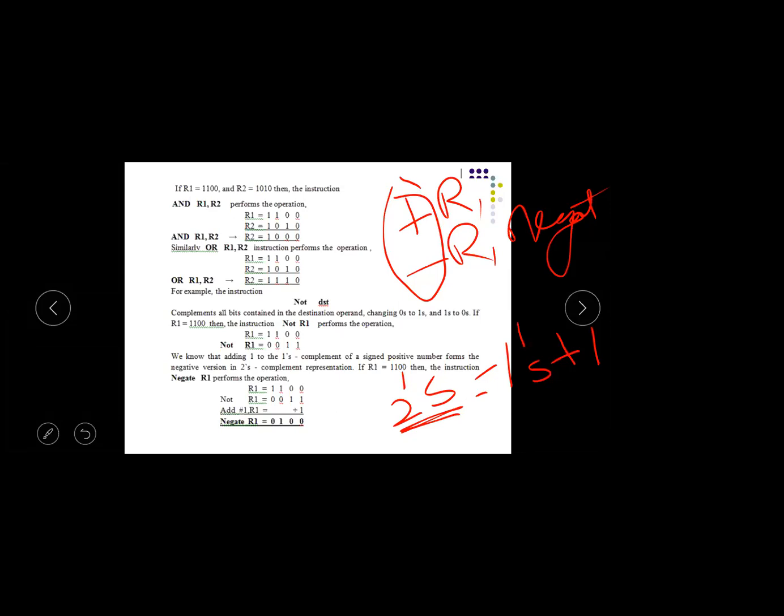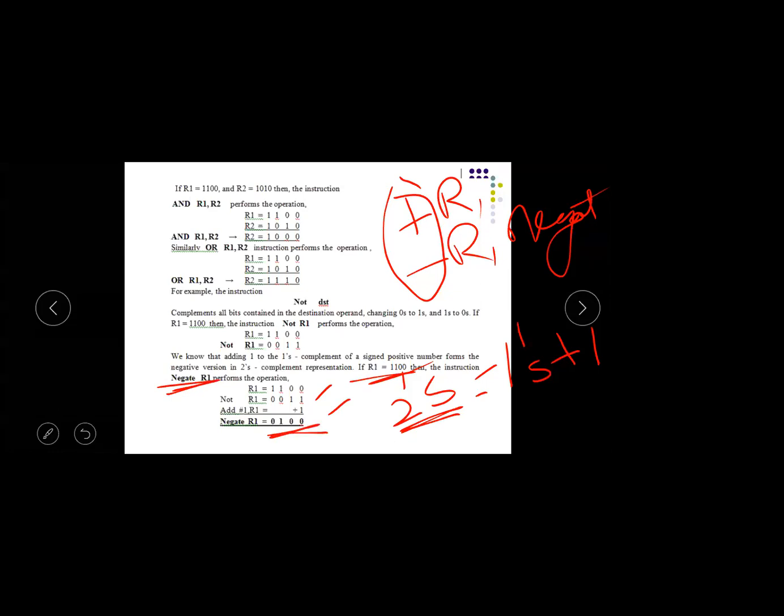Negative version in 2's complement representation. Take an example: R1 is equal to 1100. The instruction negate R1 performs the operation: 1100 is first converted to 1's complement, that is 0011. Next add 1 to that, giving 0100.